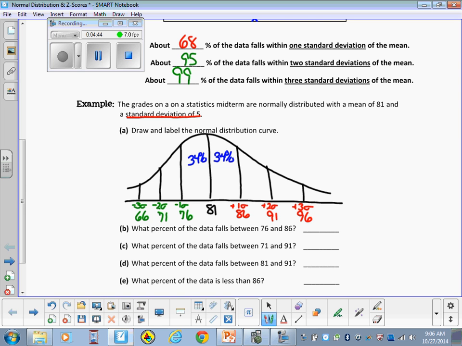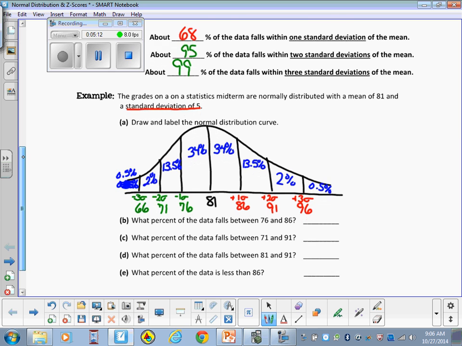Then we go down by about 13.5%. Then we go down another 2%. And this is only about 0.5%. 0.5, not 0.05.